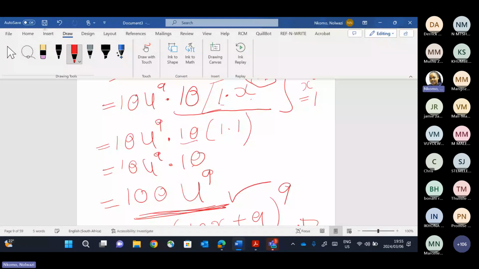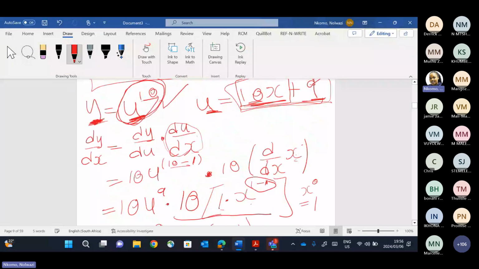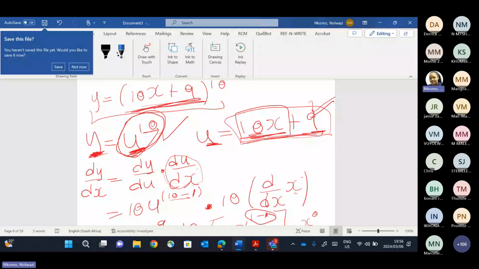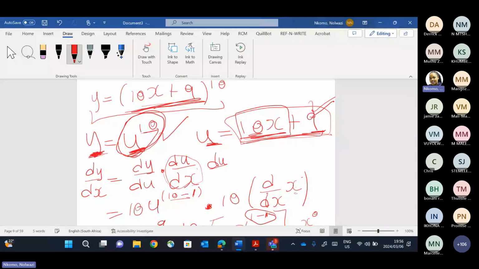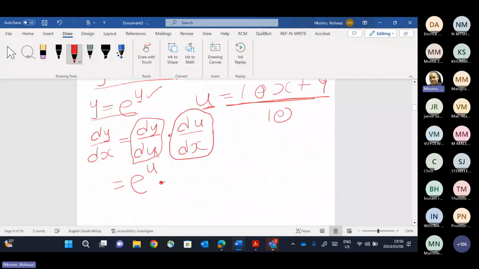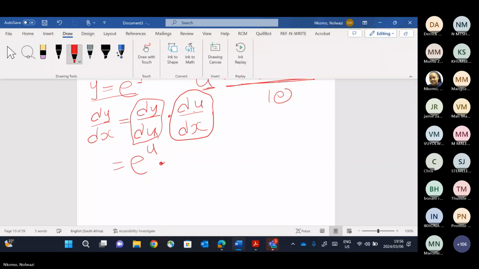So if u is equal to 10x plus 9, then du over dx would be 10. So this means we have 10 e to the power u, right?